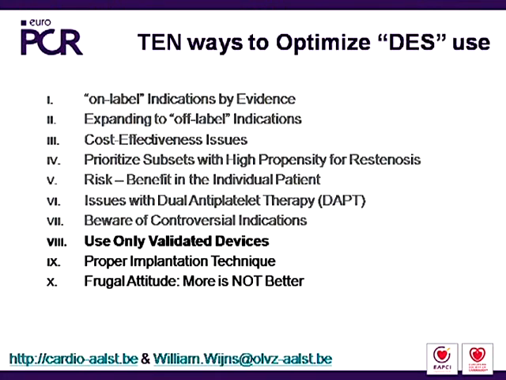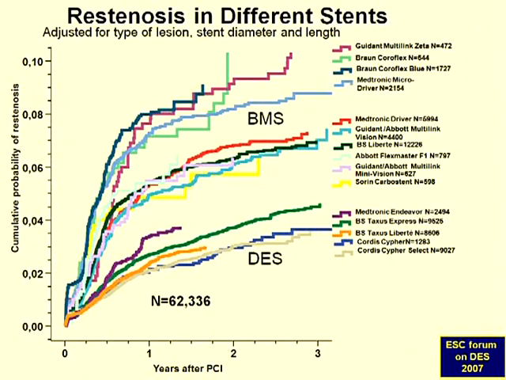In the interest of time, I'll shift to the last few items here that should be considered. I think it's important to use validated devices. This is from the Swedish SCAR registry. It's tens of thousands of patients, and each of these curves is the rate of restenosis over 3 years' time for a given stent brand.